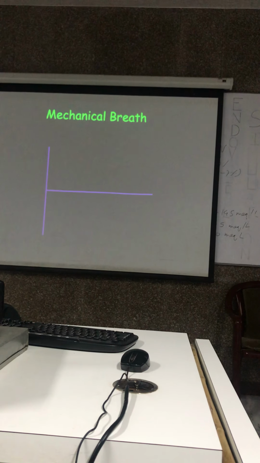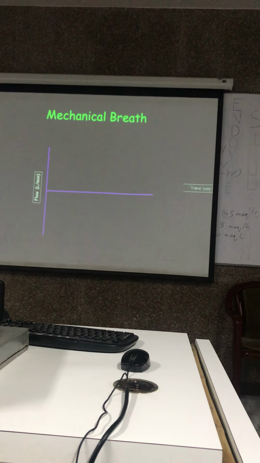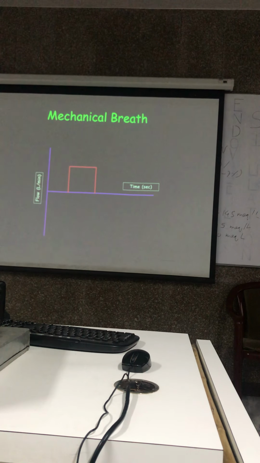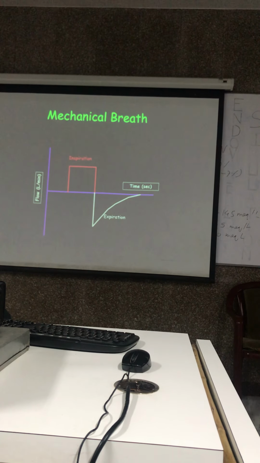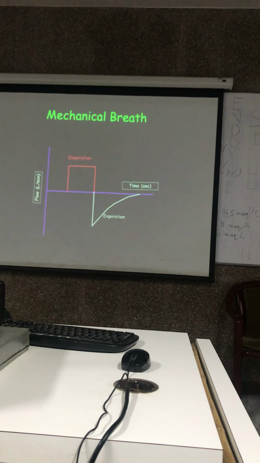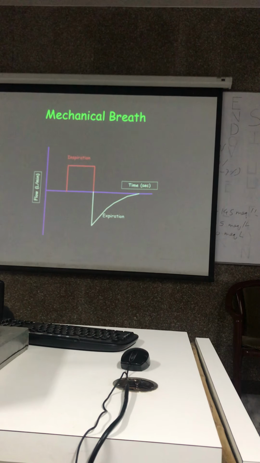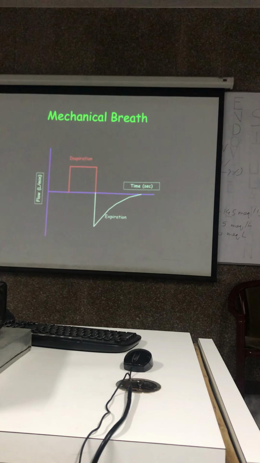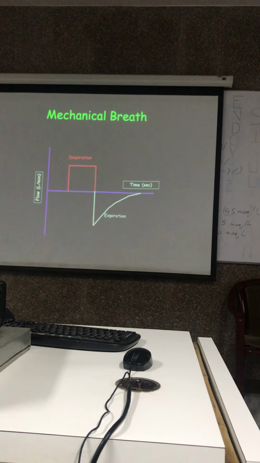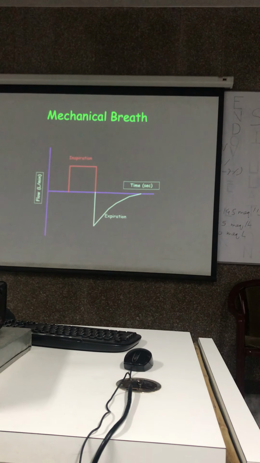Then you come to a mechanical breath. That was on spontaneous breathing. It's very unlikely on a ventilator that you would breathe without any support, but if you connect the ventilator without any pressure support and allow spontaneous breaths to take place, you will get a sine waveform and an expiratory waveform.